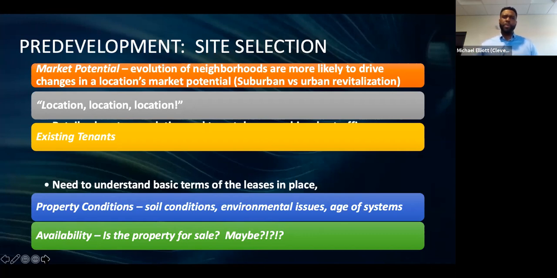As well as property conditions like soil conditions, environmental issues, and age of systems. As you select a site, you want to be kicking the tires, making sure you're not getting into a bad investment that might not be obvious up front. You want to look deeper under the hood, figuratively speaking, to make sure it's a good investment for yourself. Next slide.